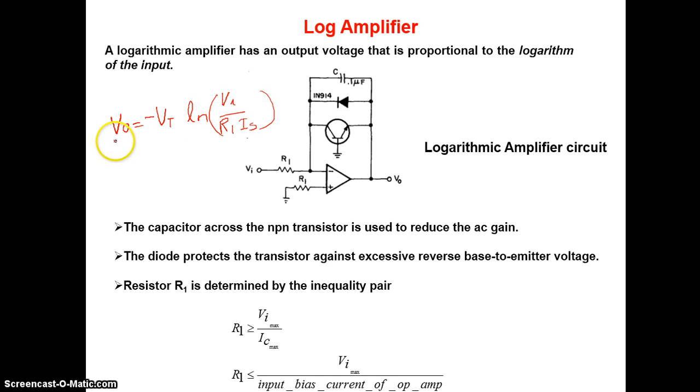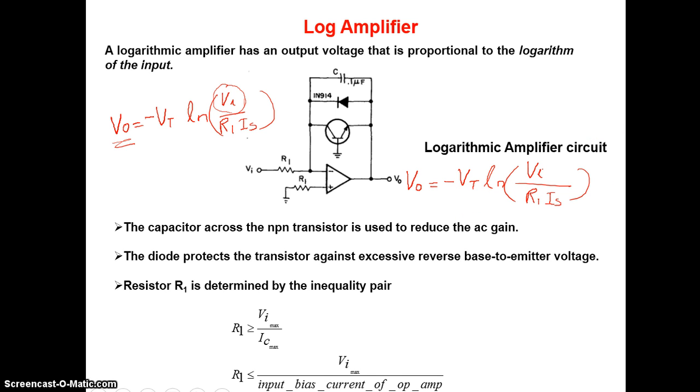So you see, the output comes as the logarithm of your input. I'll write it one more time: Vout should be equal to minus VT ln of VI divided by R1 into IS. So this is the logarithmic amplifier.